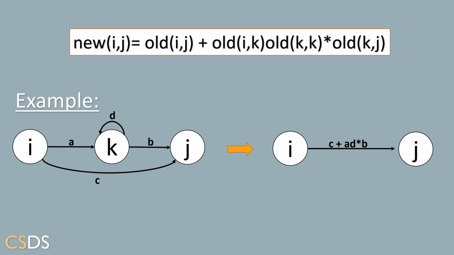Now we can see the new automata with the eliminated k, where the transition from I to j is c, or a followed by d star followed by b.